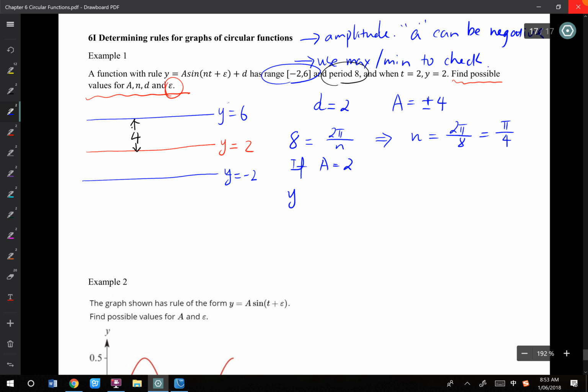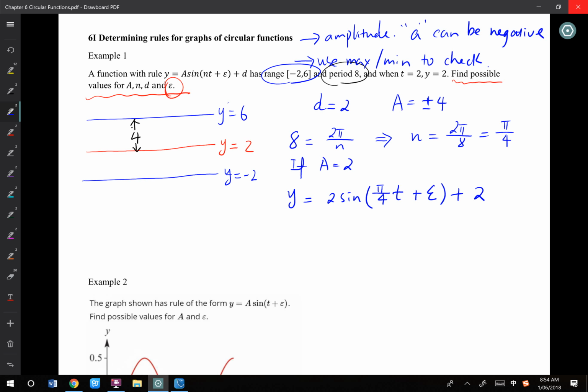So y equals 2 sine pi over 4 t plus epsilon and then plus the d, which is 2. What I know is when t equals 2, y equals 2. That's what I know because it's given.